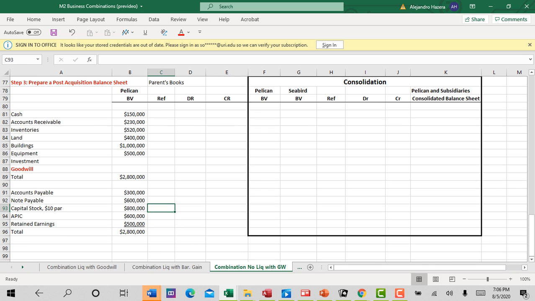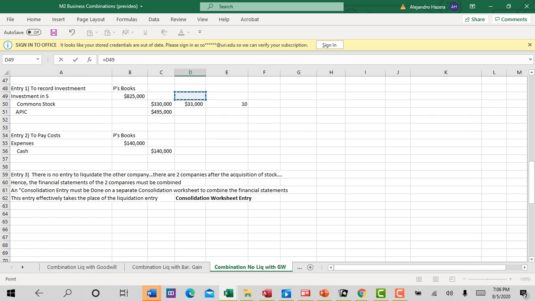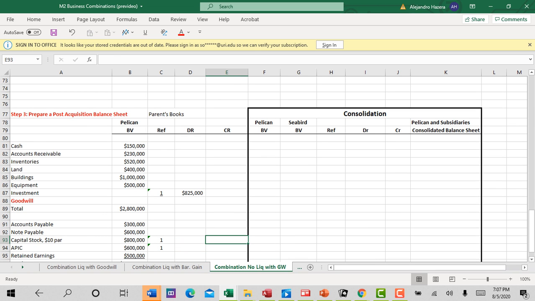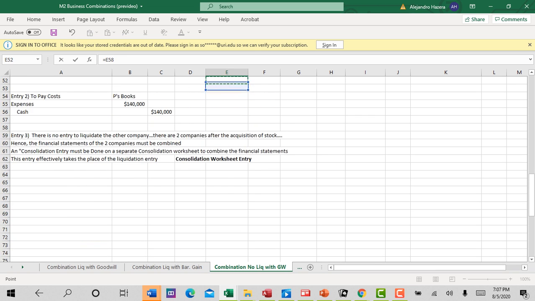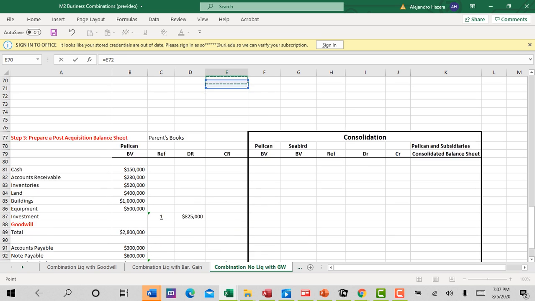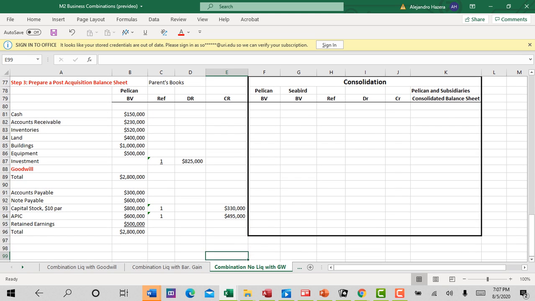This is journal entry 1. Journal entry 1 has a debit to the investment account equal to $825,000. And then there's a credit on P's books for $330 for common stock and $495 for additional paid in capital.